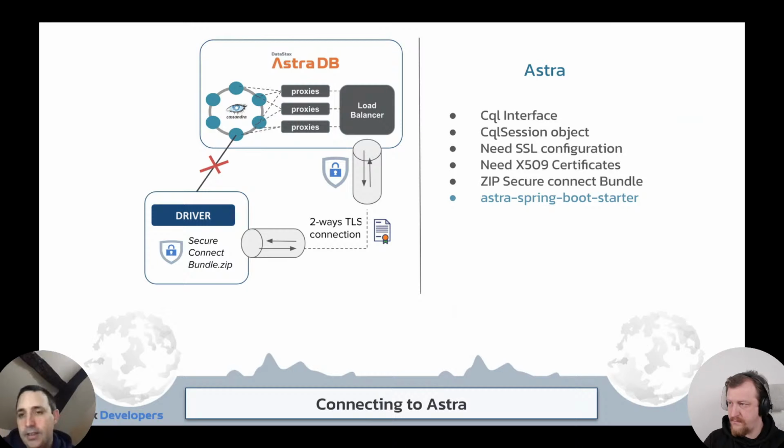But if you look in the code of your app, you might realize we do have something called Astra Spring Boot Starter. So a starter in the Spring Boot world is something that initializes everything for you.